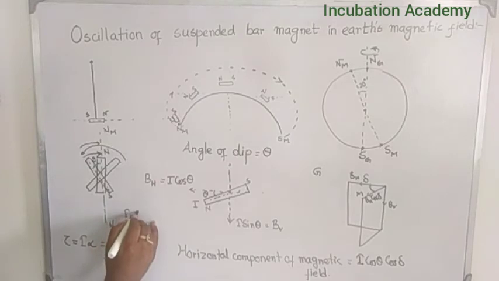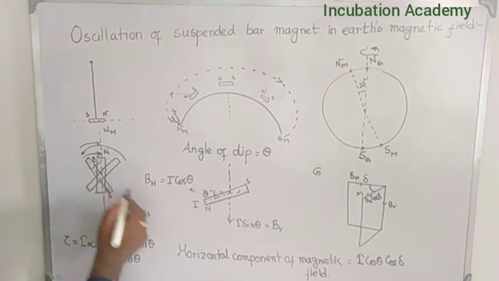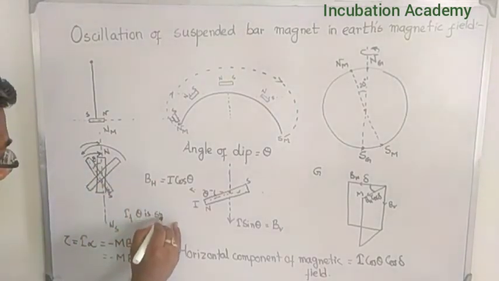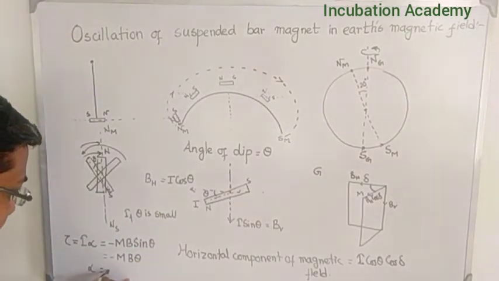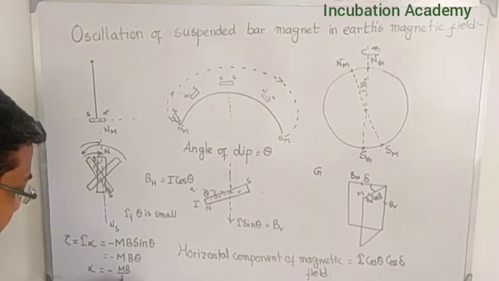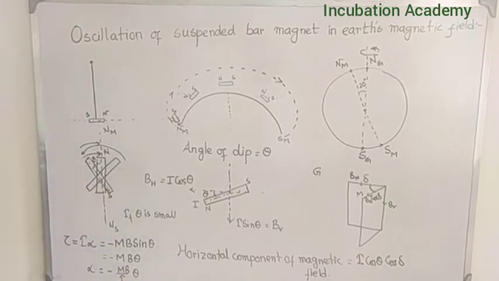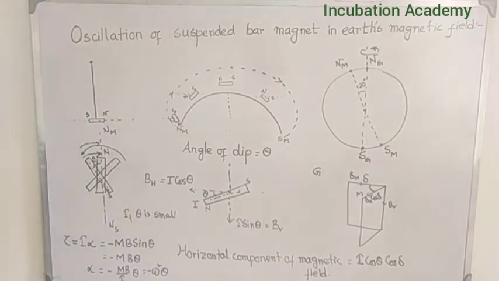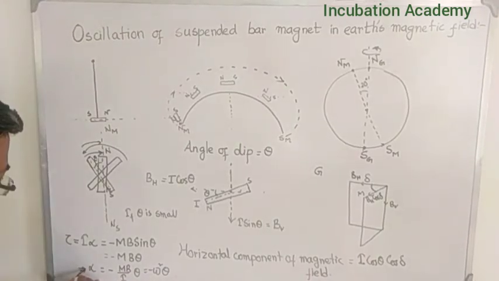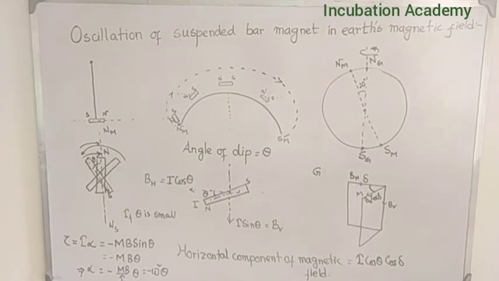If this deflection is small, then I can consider sin theta as theta. Therefore, alpha will become minus of mB divided by I into theta, and that is equal to minus omega square into theta. So this is the expression of the simple harmonic oscillation of the bar magnet if it is placed along the direction of the magnetic meridian.